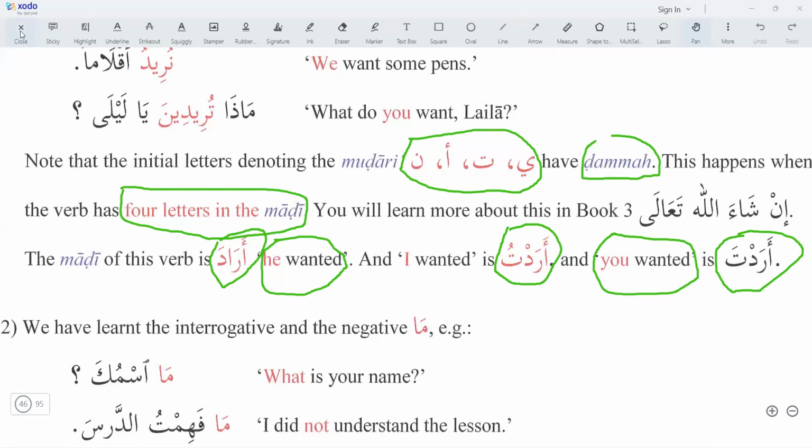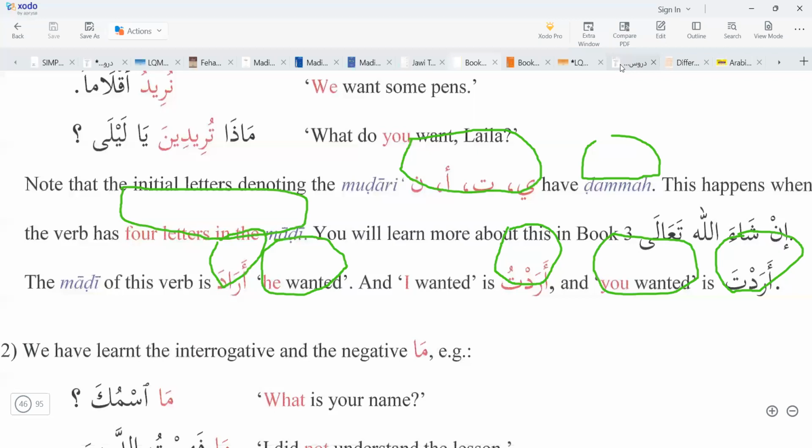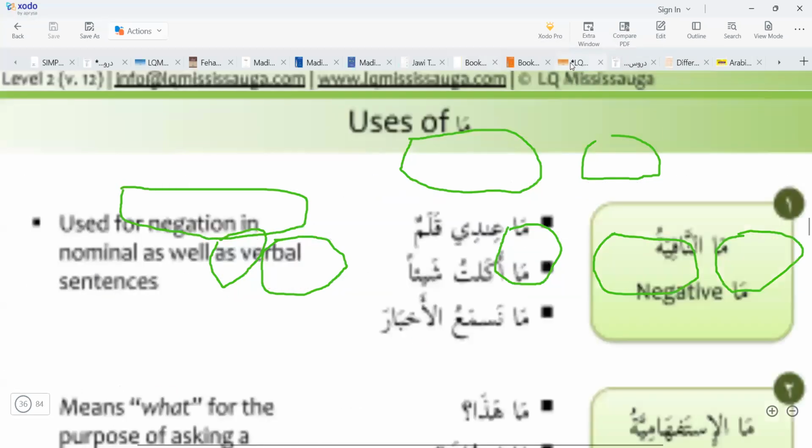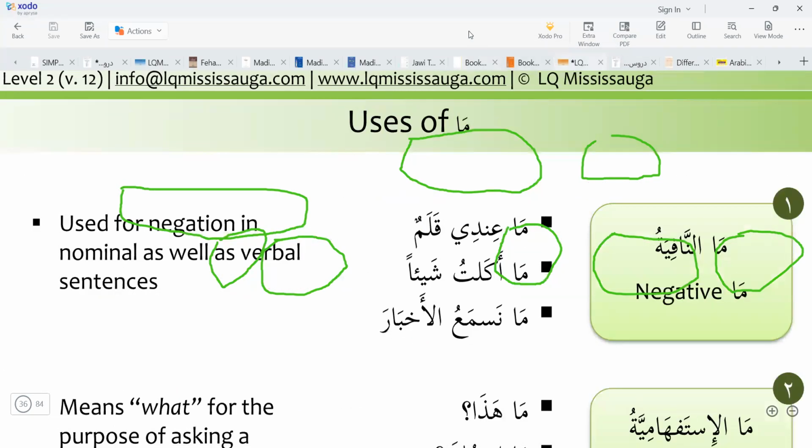Any of you have any question here? Okay, we continue to the next.